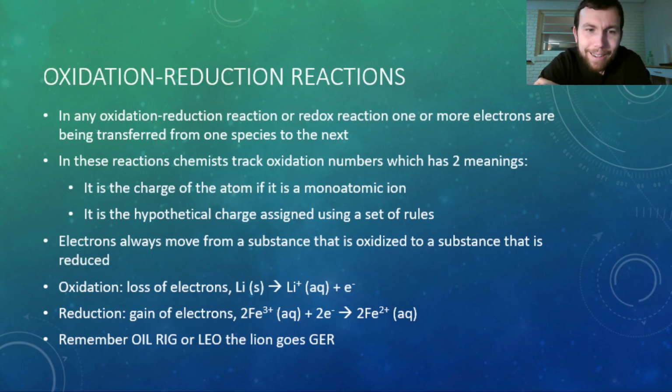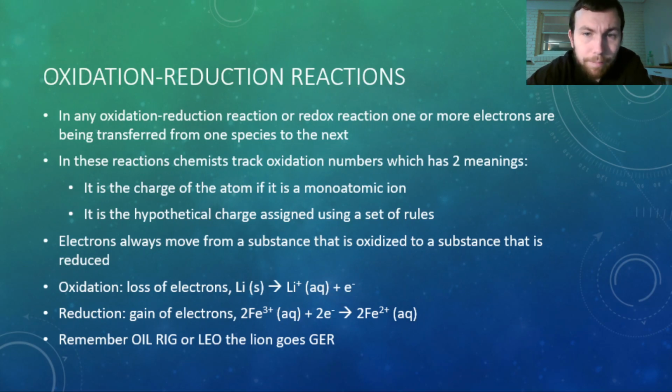Okay, so anytime a substance in a chemical process is losing electrons, we would say that that substance is being oxidized. If you look at the example that I've given you here, you've got lithium that's being oxidized. It's losing an electron, and it's forming that lithium plus ion. And so in that particular case, that would be the oxidation of lithium.